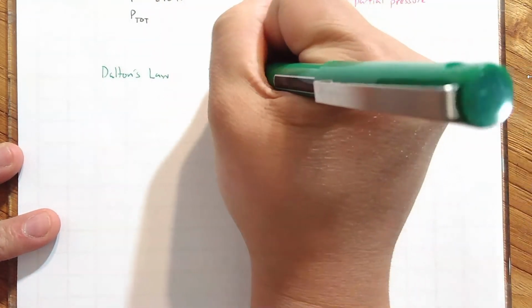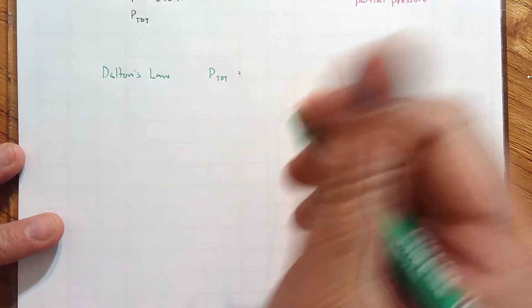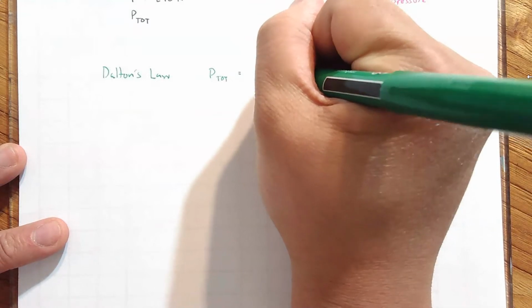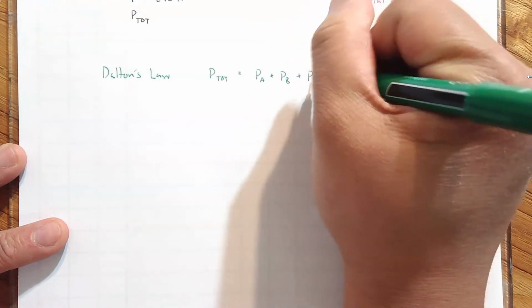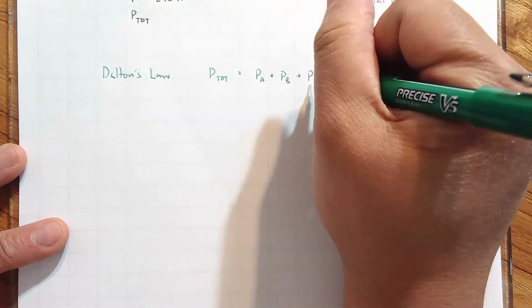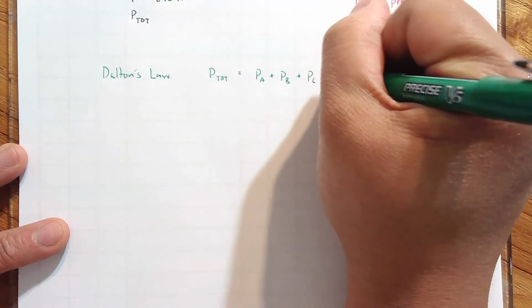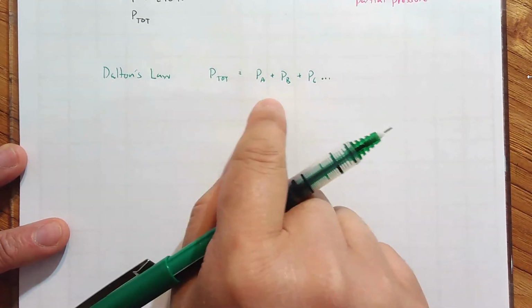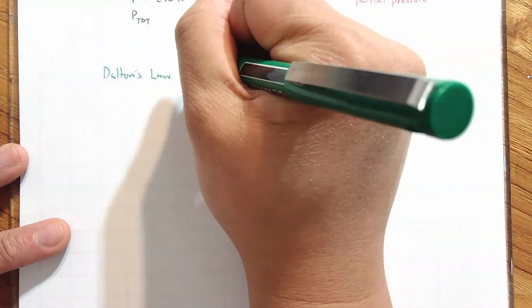Now, most textbooks use the summation sign, but I literally like to see each gas, and we have either 2 or more gases. So let me give us 3 and put a dot, dot, dot, etc. Partial pressure of A, partial pressure of B, partial pressure of C, adds up to the total pressure.